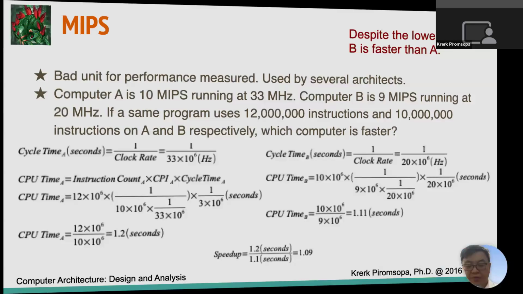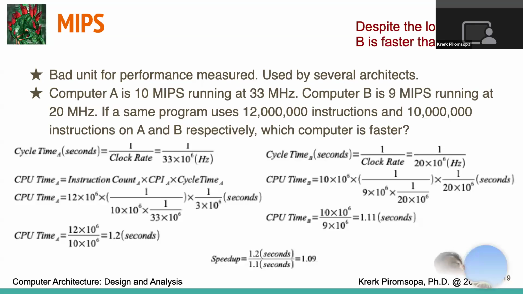So let's try another one. This question is a little tricky. Why? Because it's designed to report the performance using the MIPS unit, which is a bad unit, but in the past, sometimes the vendor, the CPU designer, would report performance using the MIPS unit.